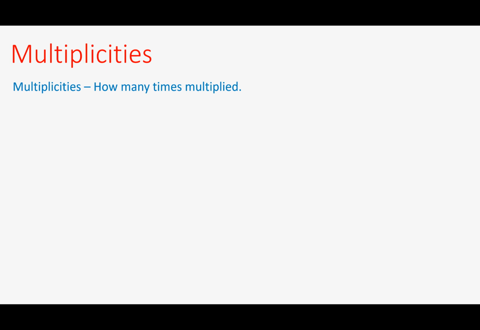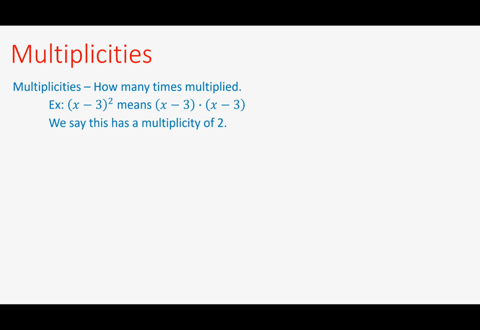Okay, so multiplicity is simply just how many times multiply. For example, if I had x minus 3 squared, we know that just means x minus 3 times x minus 3. That squared is just saying that there's essentially 2 of them. So we say this has a multiplicity of 2, because it's x minus 3 times x minus 3.